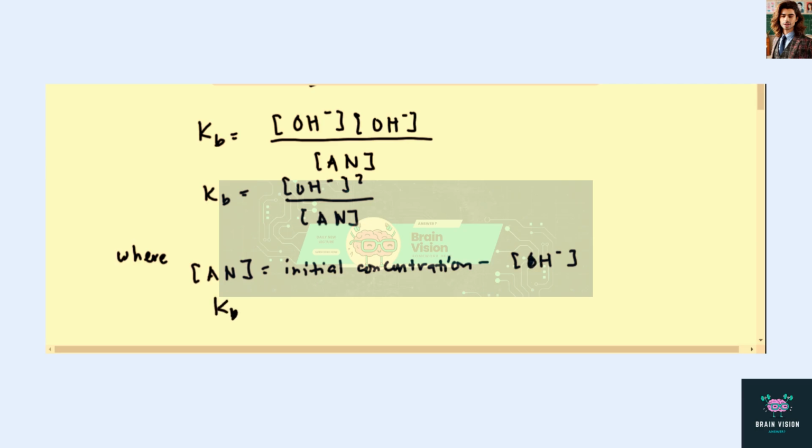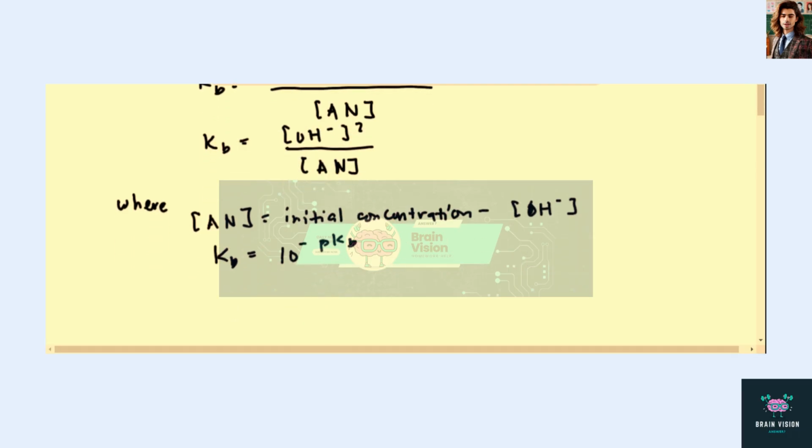And your Kb, if given with the pKb, we can solve it as 10 to the negative pKb.